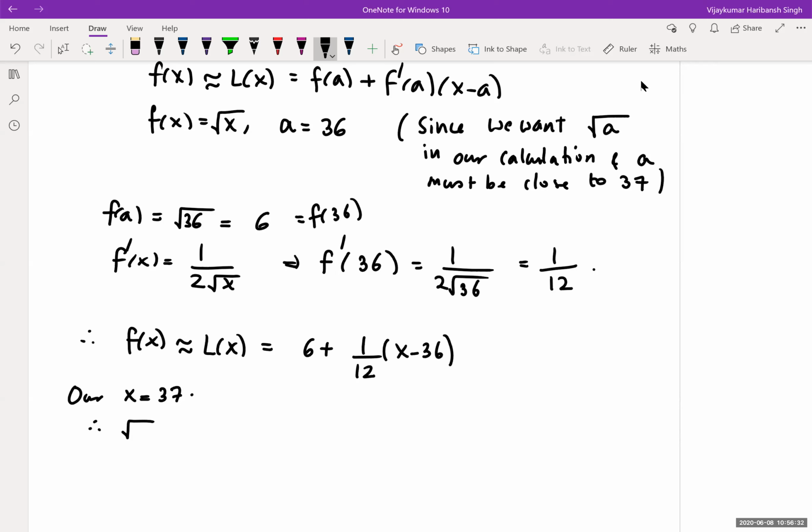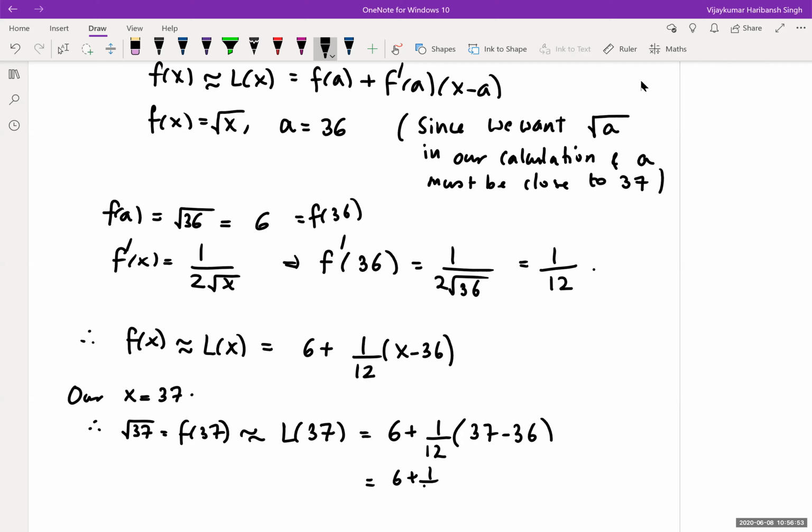Therefore, the square root of 37, which is f of 37, is roughly equal to L of 37, which is going to be 6 plus 1 by 12 times 37 minus 36, which is 6 plus 1 by 12. 6 times 12 is 72, 72 plus 1 is 73, so 73 over 12. This is your linear approximation.